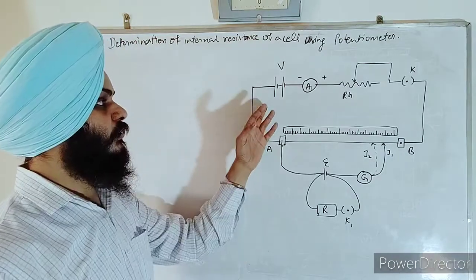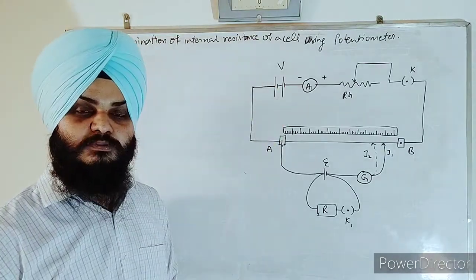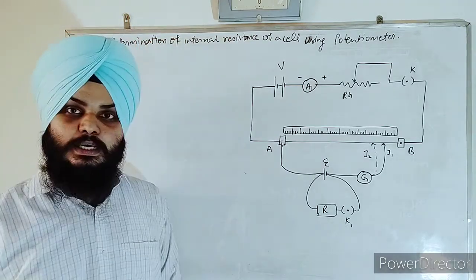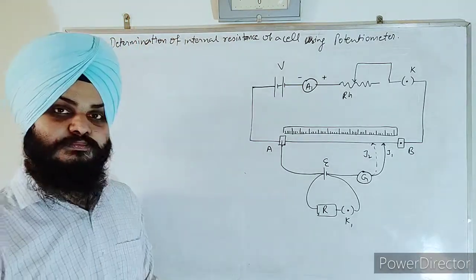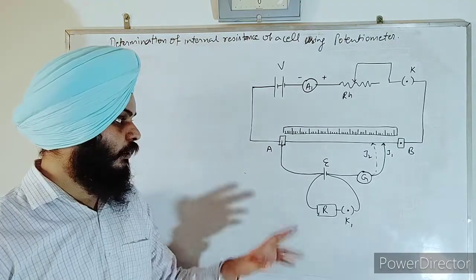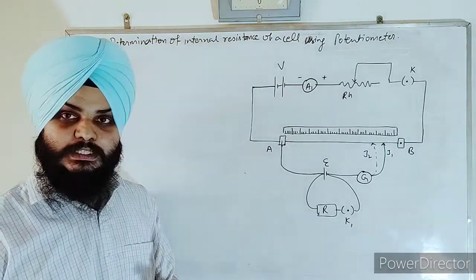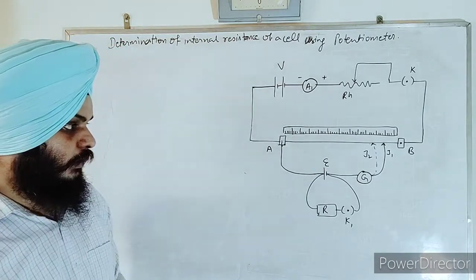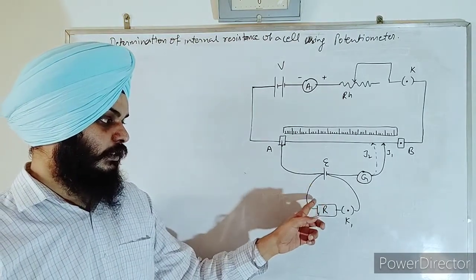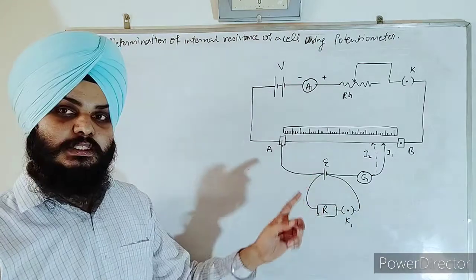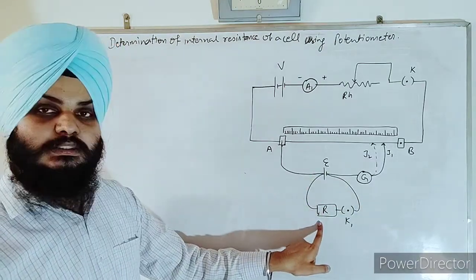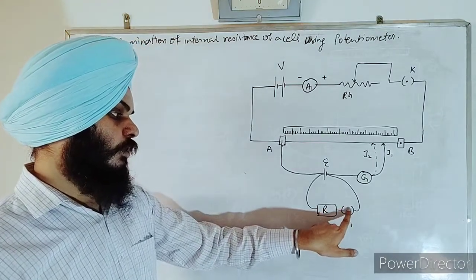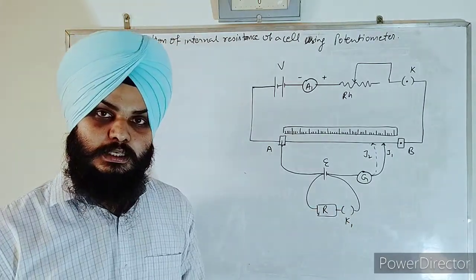Here we have just changed the applied voltage or battery voltage to be V. And in this circuit, from A to B, we have connected a cell of EMF E.